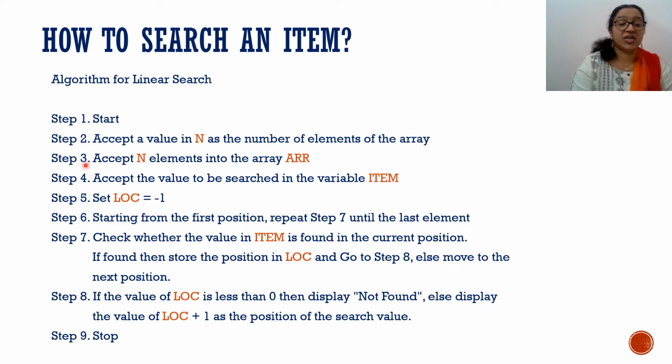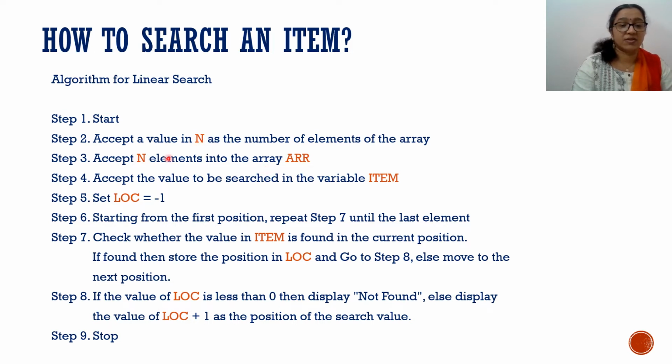Then step 3 is accept n elements. Inside the n variable there is a number, so that will decide the size. So accept n elements into the array ARR. Here the array name is ARR. If, for example, 10 is assigned in n, it means we want to input 10 numbers in that array.